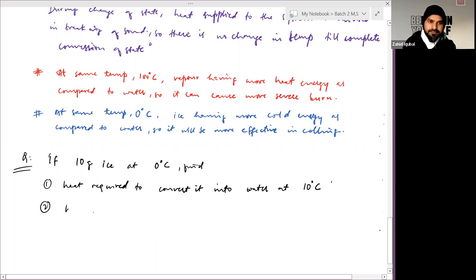Next, how much water at 100 degrees Celsius is required to supply heat equal to the above part.